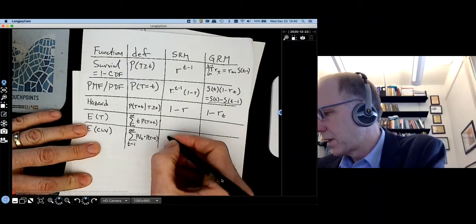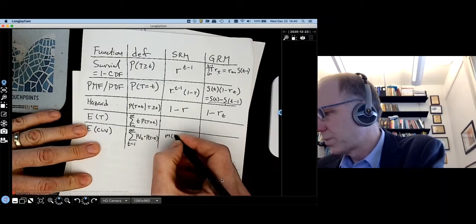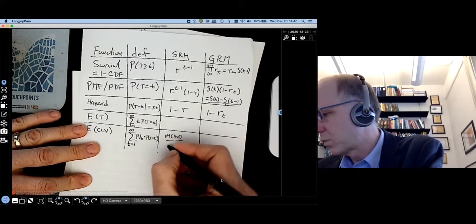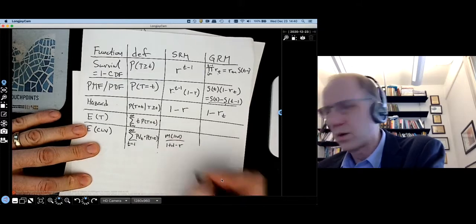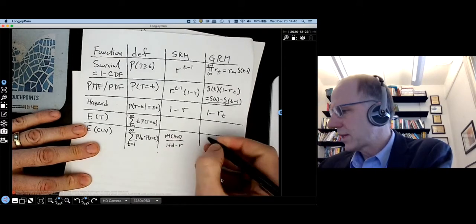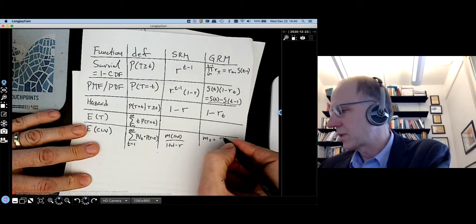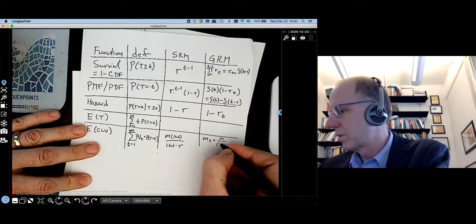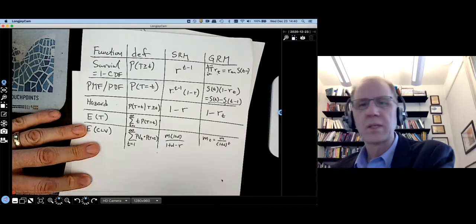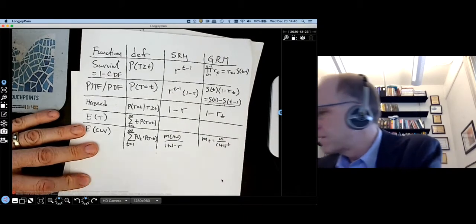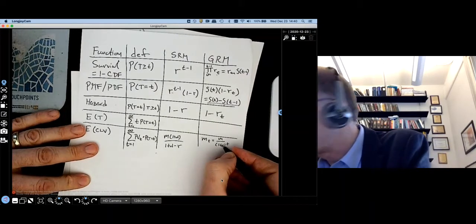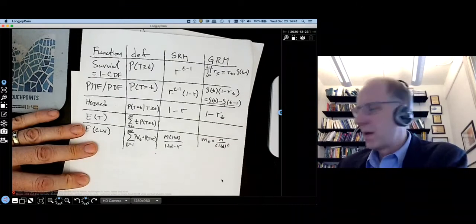This was m times 1 plus d over 1 plus d minus r. In this case, we're going to say m sub t is whatever the payment is, if there's a common payment, over 1 plus d raised to the t power. That's a d. You can't quite see that on my document camera.